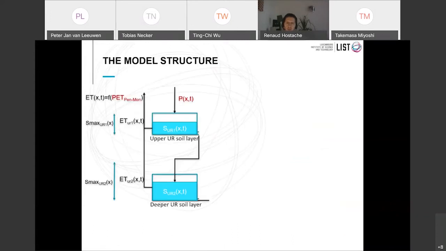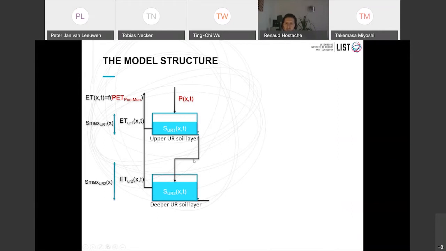Let's quickly explain how the conceptual hydrological model works. It's rather standard: a bucket model with different reservoirs that exchange water. The main forcing of this model is the precipitation, which is taken from ERA5 in this study. There are two upper root zone soil layers, the first centimeters of the soil, and then a few centimeters up to a meter. Soil moisture is represented by the level of filling of these two reservoirs.